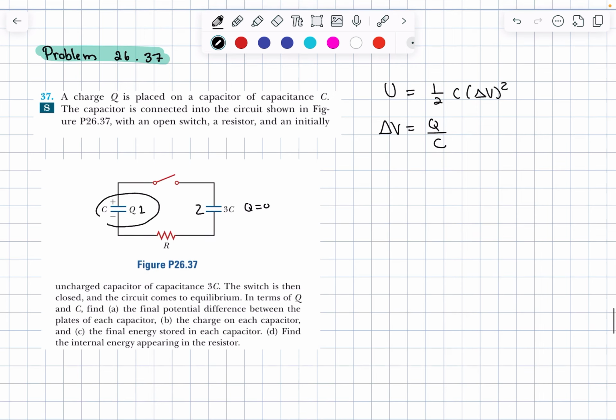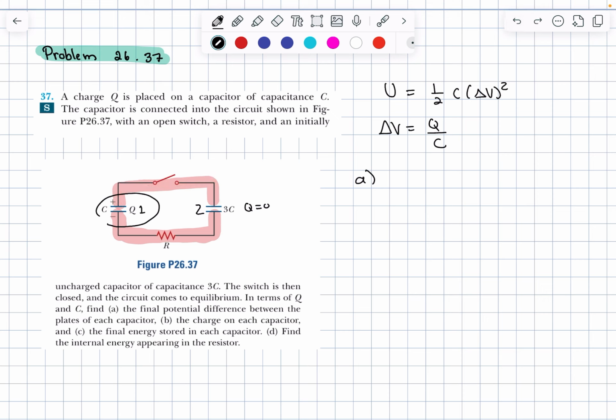So what we need to realize is that these two capacitors are in parallel with one another when the switch is closed. Sure, here the wire has a resistor on it, that doesn't matter. As long as we don't go through another capacitor or a battery, we're in parallel. So what I mean by that is if there's another capacitor here, well then they're no longer in parallel with one another.